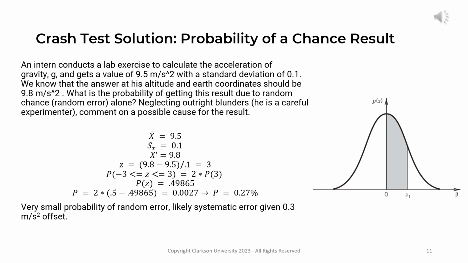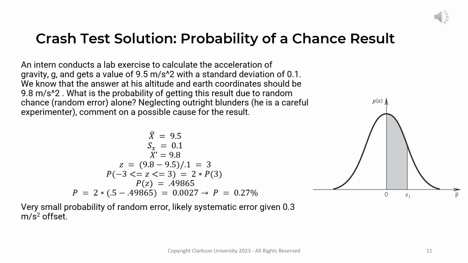We then define the probability minus 3 less than or equal to z less than or equal to 3, which is equal to 2 times the probability of the z value of 3. We looked that up on the z table, and the probability of z is equal to 0.49865.